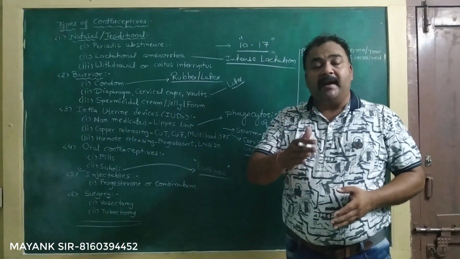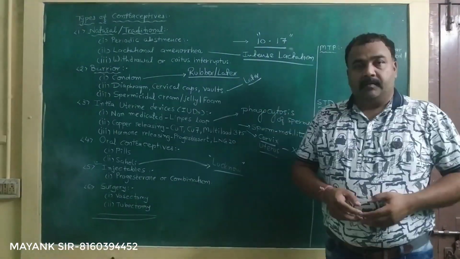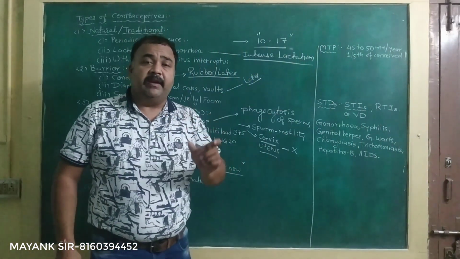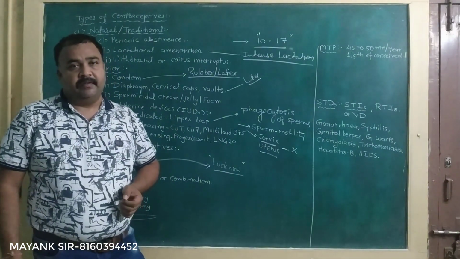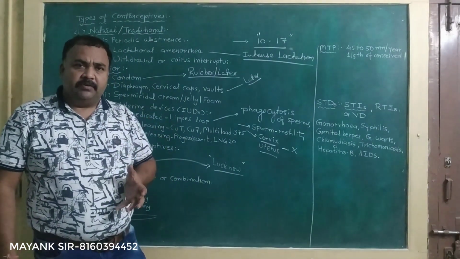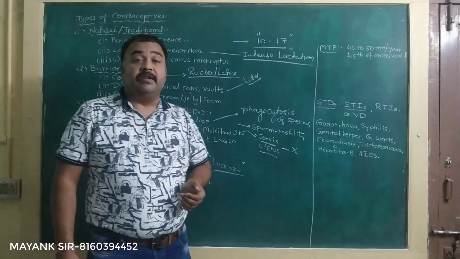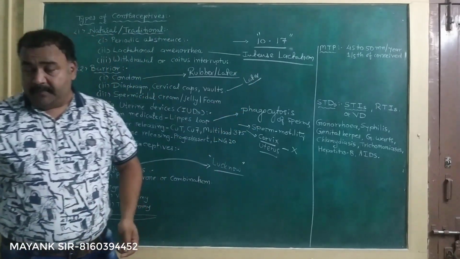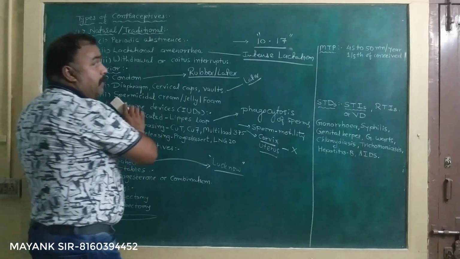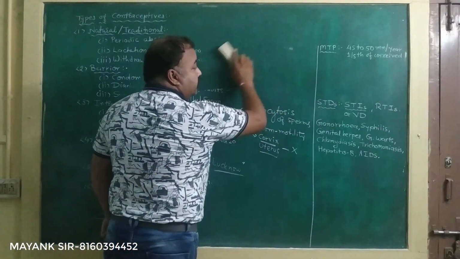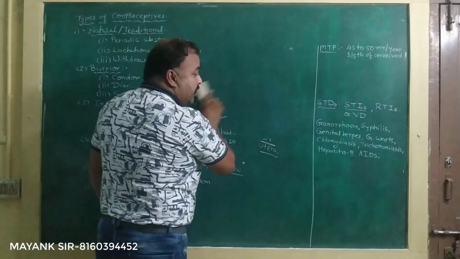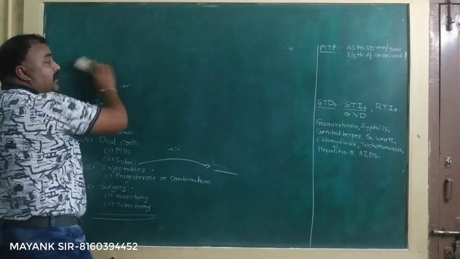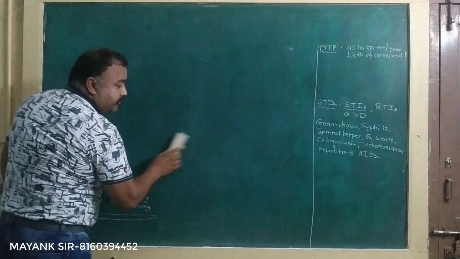So these were the types of contraceptives, and now we are going towards the next topic, known as medical termination of pregnancy. Now, MTP means medical termination of pregnancy, and this is a medical term used for removing a pregnancy. Medical termination of pregnancy occurs in the world about 45 to 50 million times per year, which is nothing but one-fifth of the total conceived pregnancies.